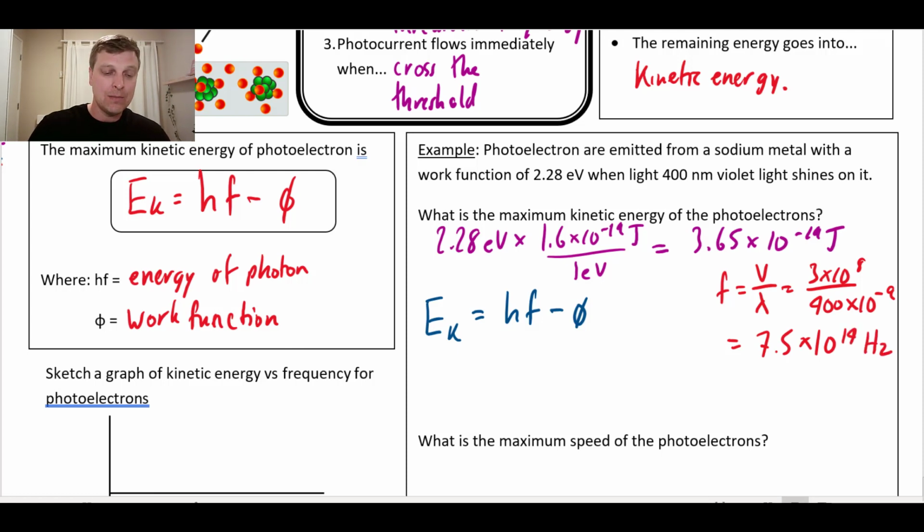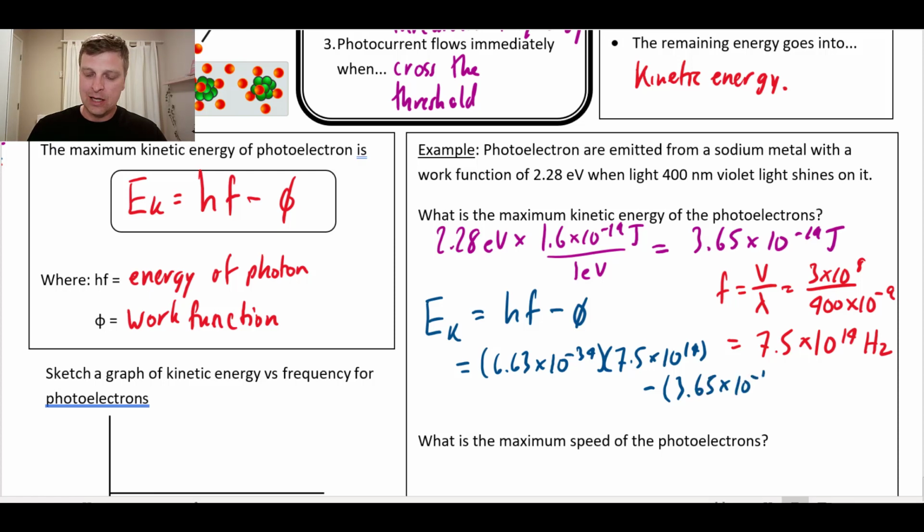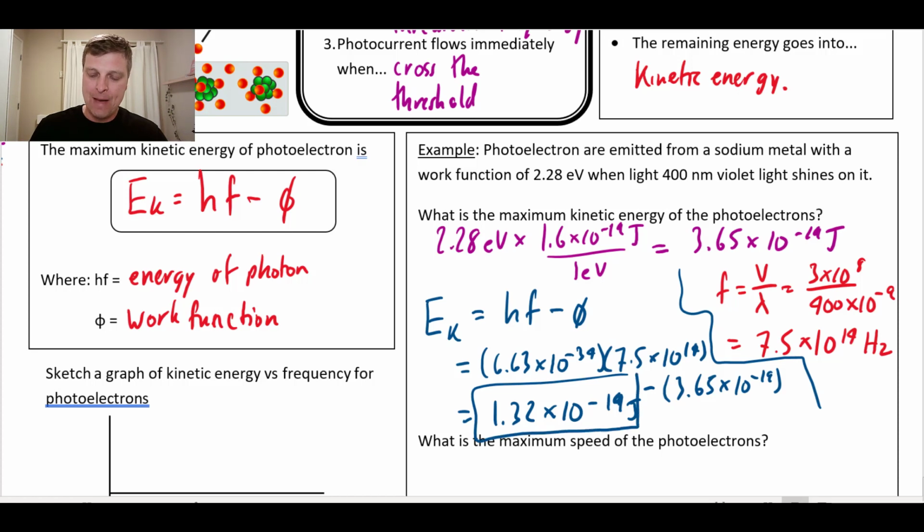And then plug that all into my other formula over here, and I get 6.63 times 10 to the negative 34 multiplied by my frequency, 7.5 times 10 to the 14, minus 3.65 times 10 to the negative 19. And this all works out to be about 1.32 times 10 to the negative 19 joules. Okay, so that's the maximum kinetic energy.